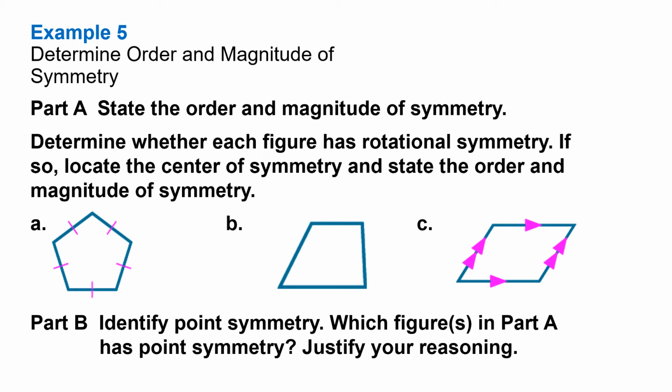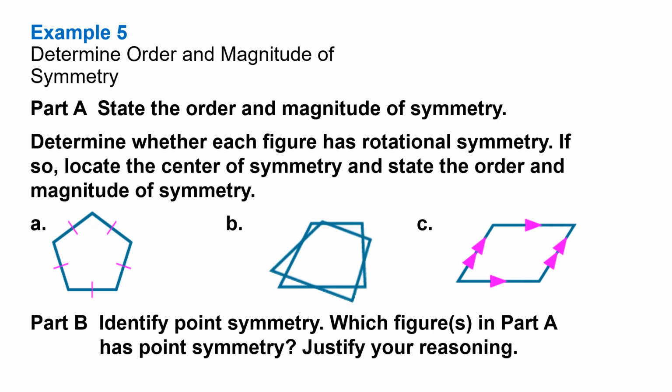So let's look at figure A. If we rotate it, is there a degree measure less than 360 where this pentagon will match up with itself? Hey, it does. And it took 5 turns to get back to the original orientation. So this figure has order 5.